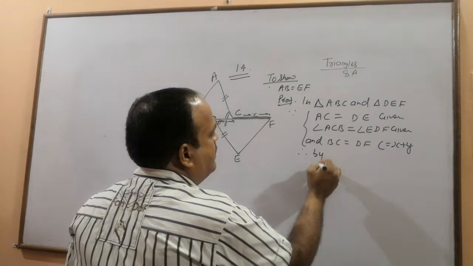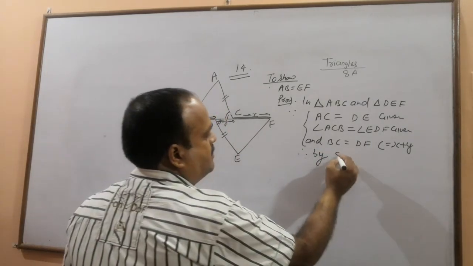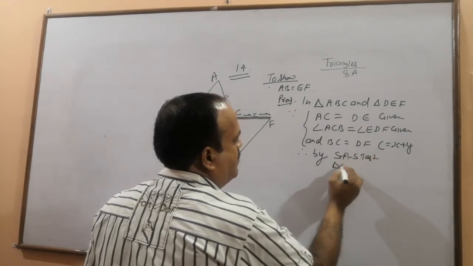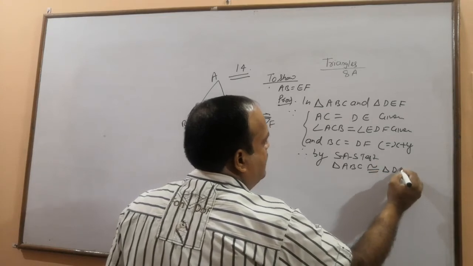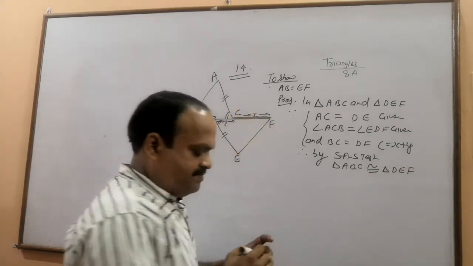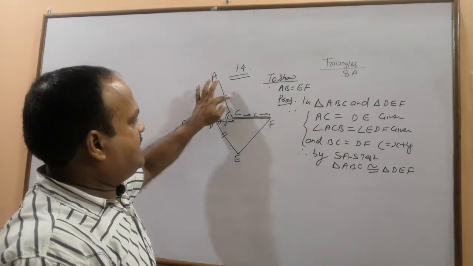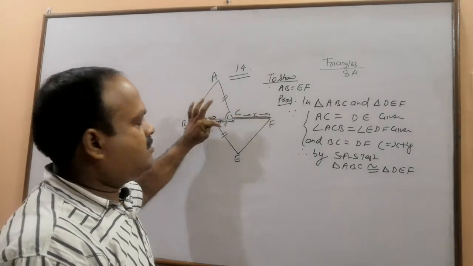Therefore by which test? Side, angle, side. Triangle ABC is congruent to triangle DEF. This side is equal to this side, this angle is equal to this angle.